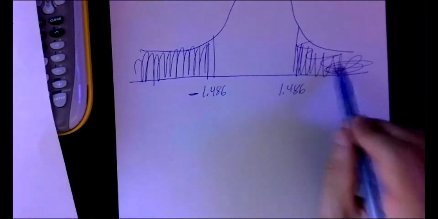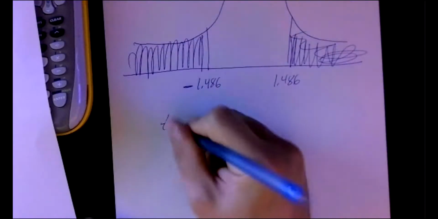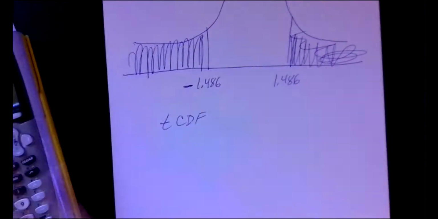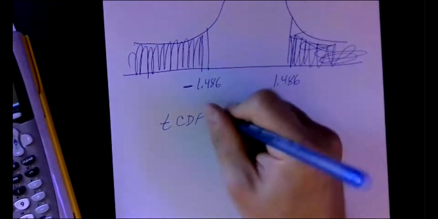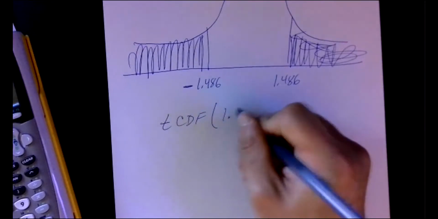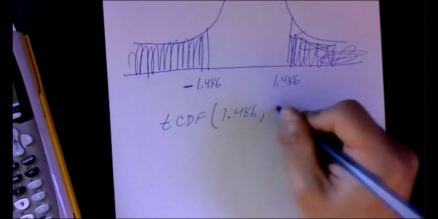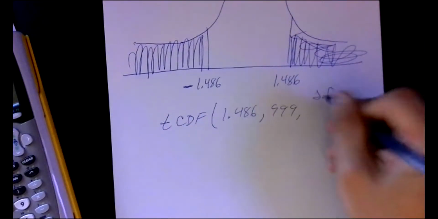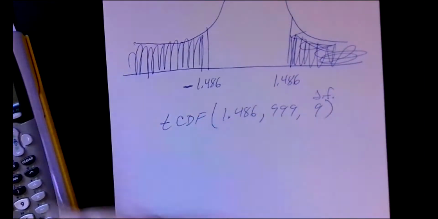We can find the area in the tail using the t-CDF function. So let me look at the right tail. 1.486, comma, 999, comma, degrees of freedom, or 9.